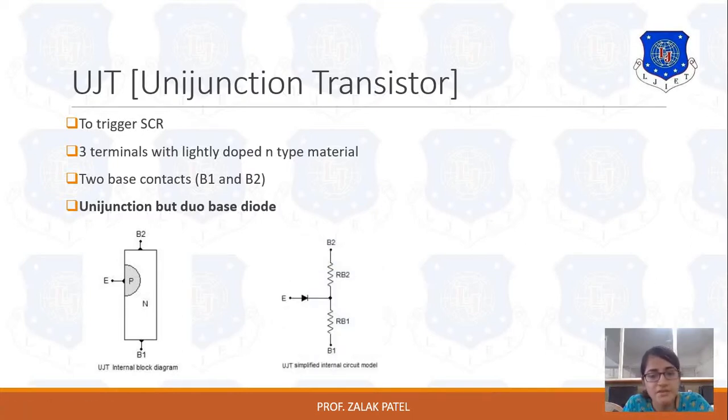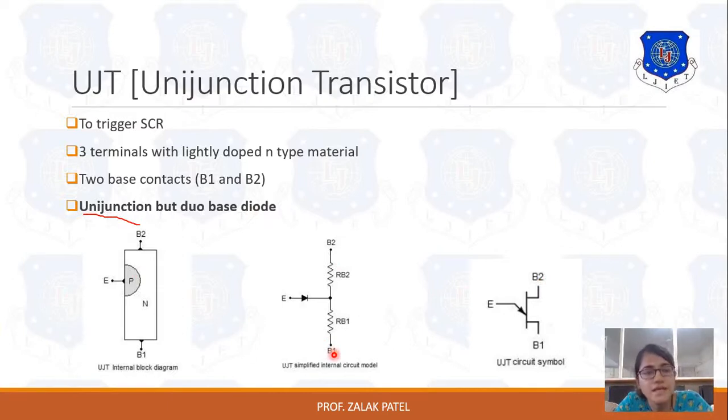This is a simplified internal circuit model, and this is the UJT circuit symbol. Here you can see the emitter with the two base terminals B1 and B2. Because there is only one junction, it is called a unijunction transistor, and because of the two base connections B1 and B2, it is also called a double base diode. So this is the UJT.